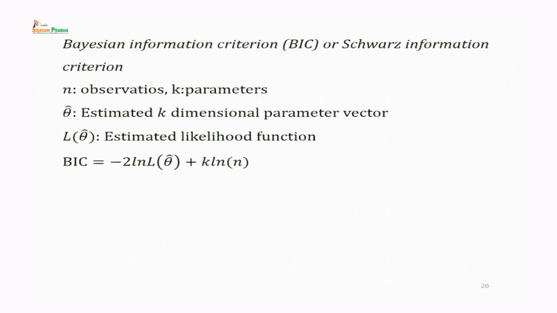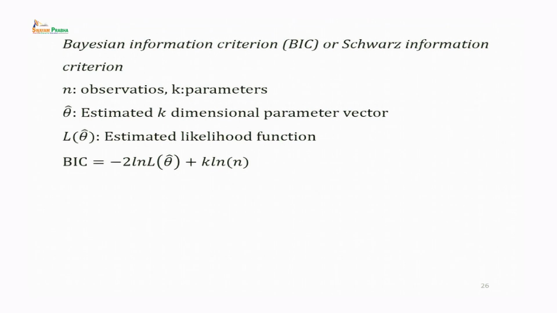Then another model selection criterion is the Bayesian information criterion, which is popularly known as BIC or Schwarz's information criterion. BIC is defined as minus 2 times log L of theta hat plus k log n. So, these two information criteria, AIC and BIC, have two components.